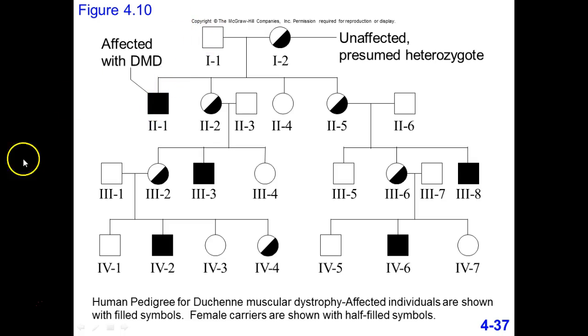Because remember, he got his Y from his dad. That's why he is a boy. So therefore, the defective trait for muscular dystrophy had to come from his mom. But because she doesn't have it, one of hers is good and one's not. Unfortunately, she gave the bad copy to her kid.